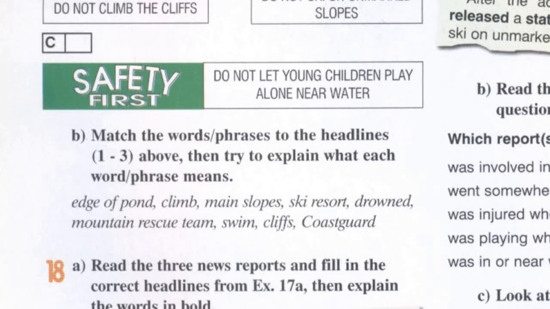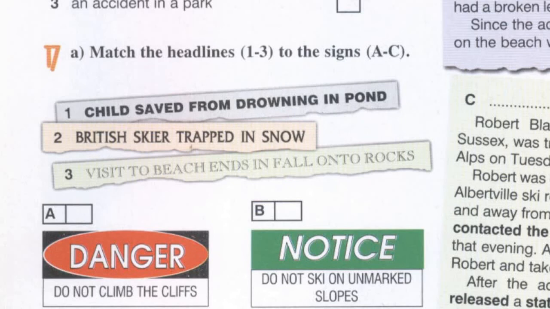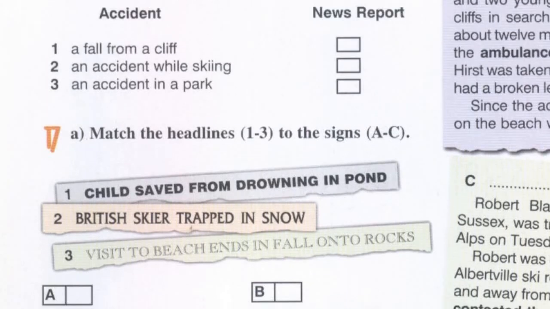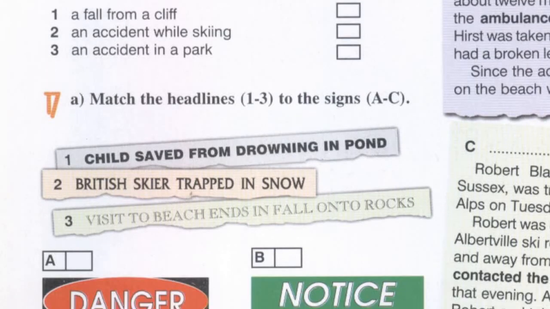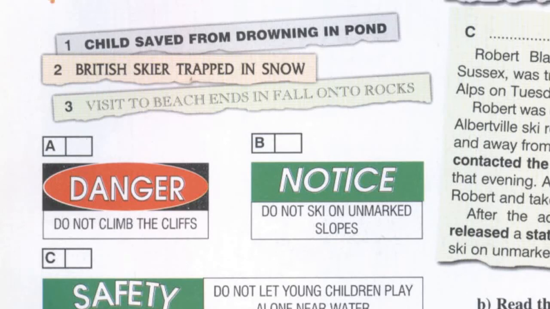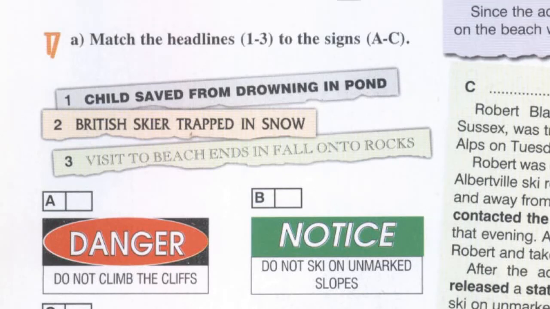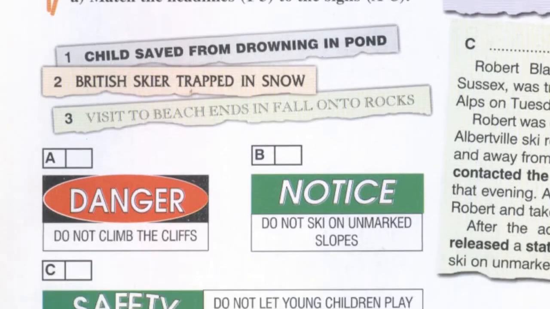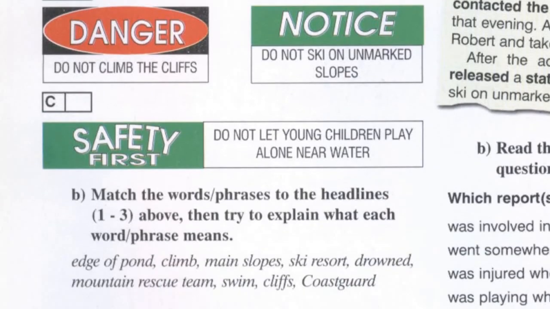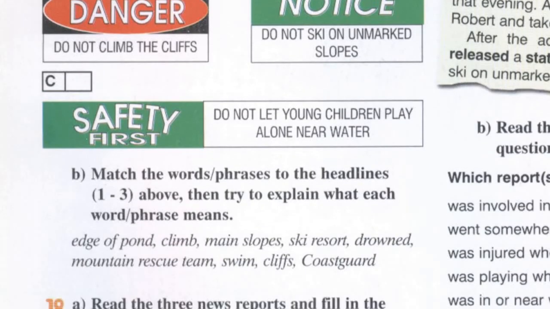And what is the next? Drowned. Drowned is related to the park. Number 3. And the accident, what happened to Pamela and her brother. Look at the next one. Mountain is about the skiing.